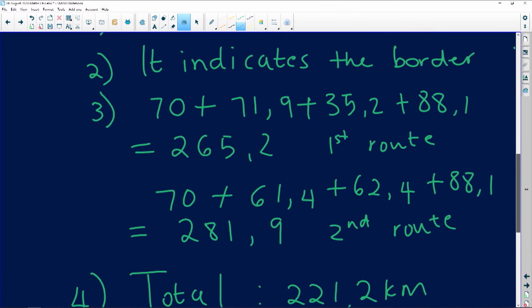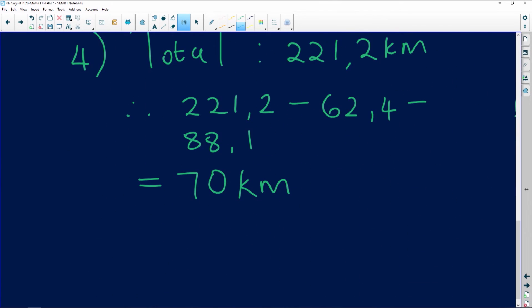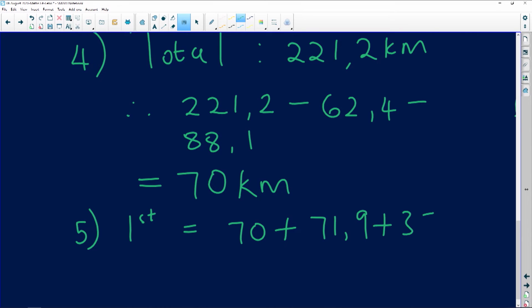So if I go and I do my calculations, that's number 5. I can see that the first option, they have 70 in common. I'm going to do the Magaliesburg one first: 70 plus 71.9 plus 35.2.